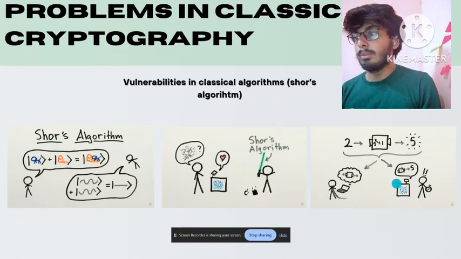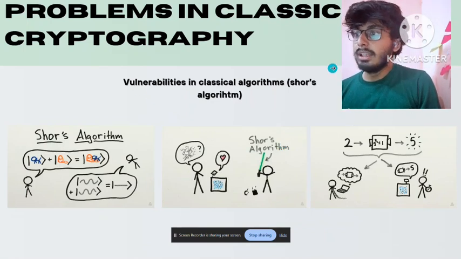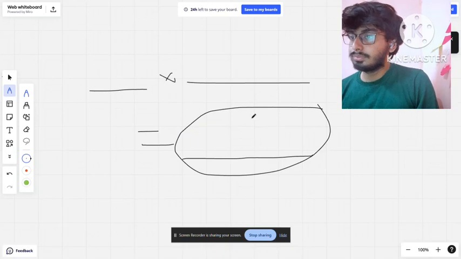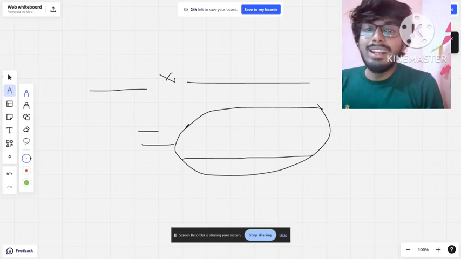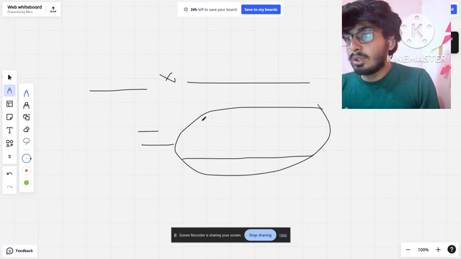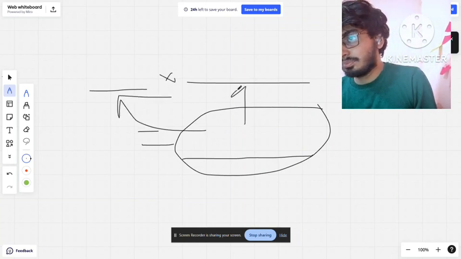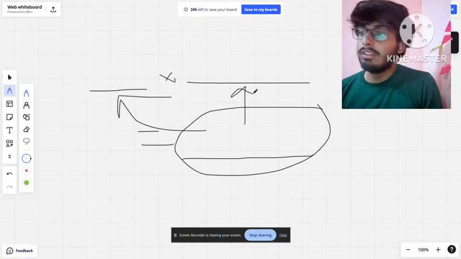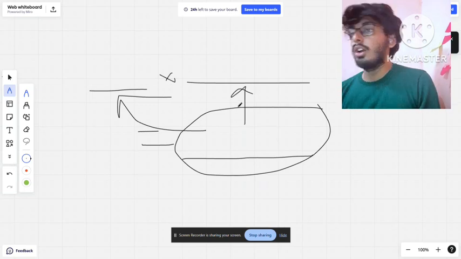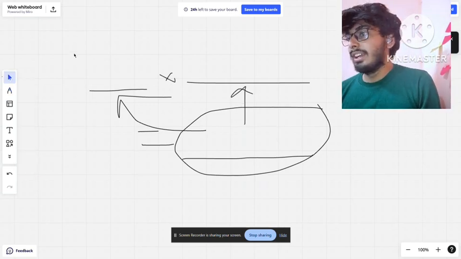Problems in classical cryptography. The vulnerability in classical algorithms is that it is very easy for quantum computers to find these two factors. So this is a threat for classical cryptography.